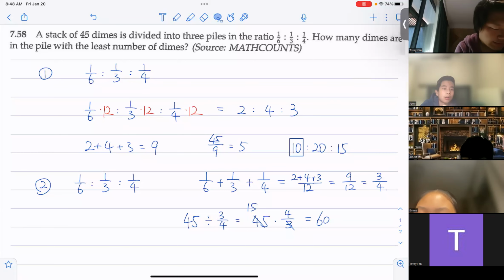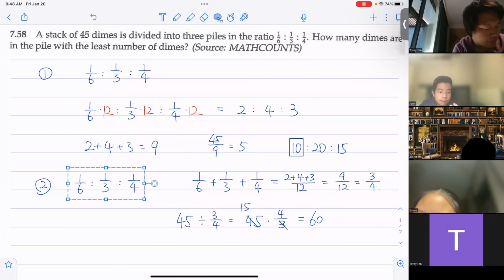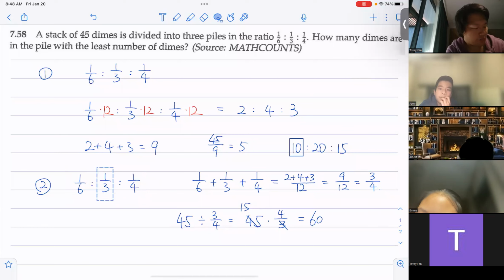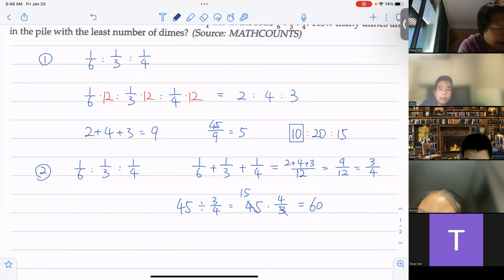What this means is that if we don't change them into integers, each part is 60, because originally we don't even have one part, right? We only have a 1/6 part, a 1/3 part, and a 1/4 part. And then to find out the exact values, we times this number back to the ratios.